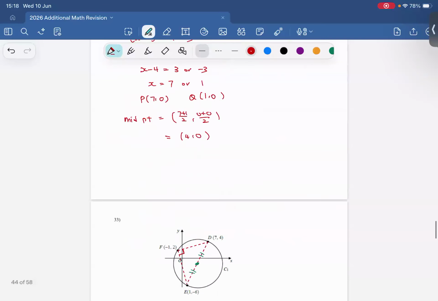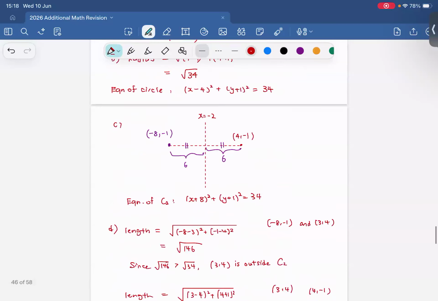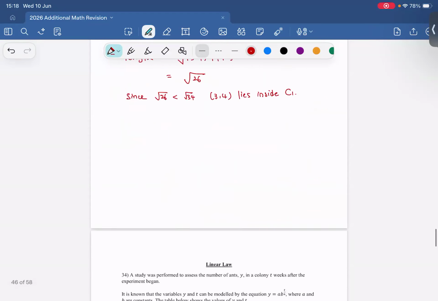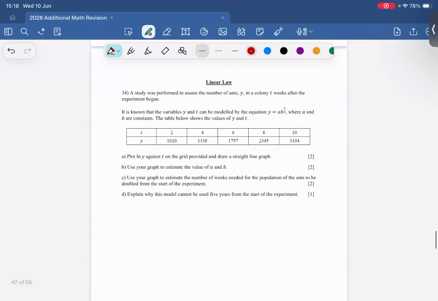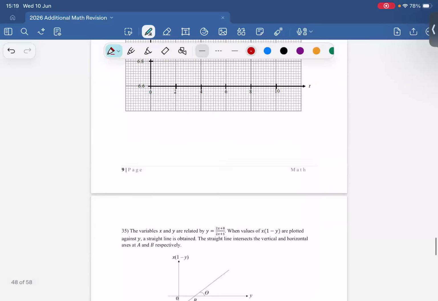Okay, so the next part will be your linear law. Let's move on to the next part, your linear law.